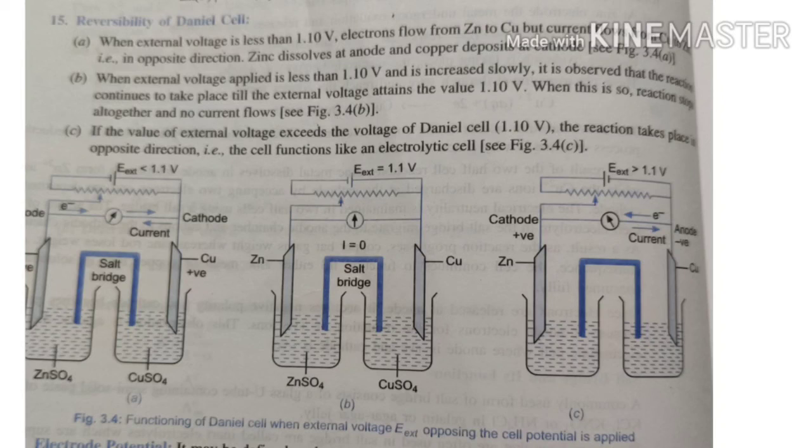The cell functions like an electrolytic cell, or the reaction is reversed. So these cells work on the basis of the potential difference between the two electrodes. And when we apply an external potential, the reactions may be reversed because the reactions are reversible in the electrochemical cell.